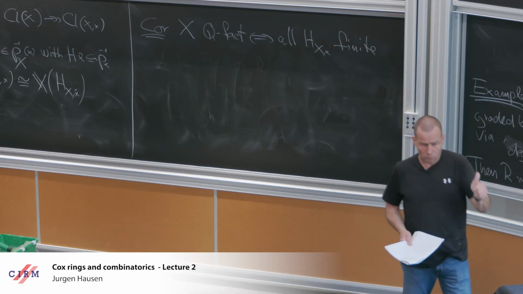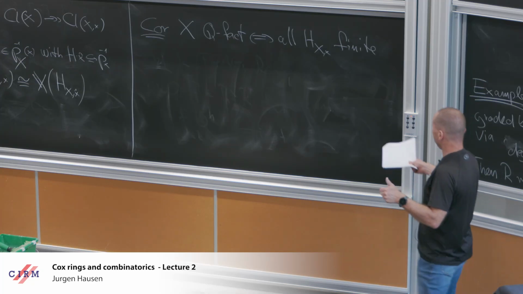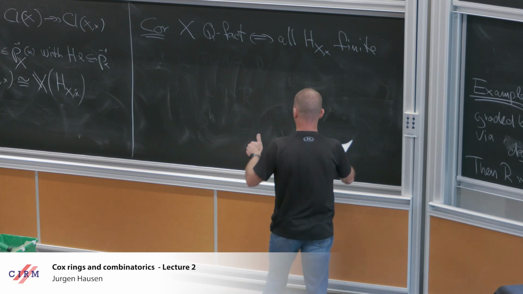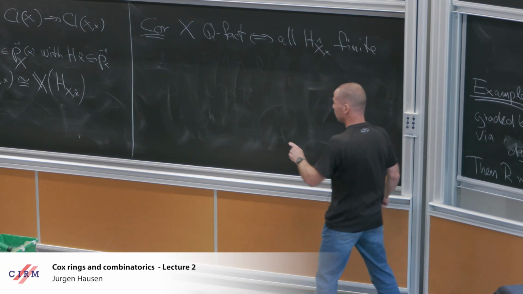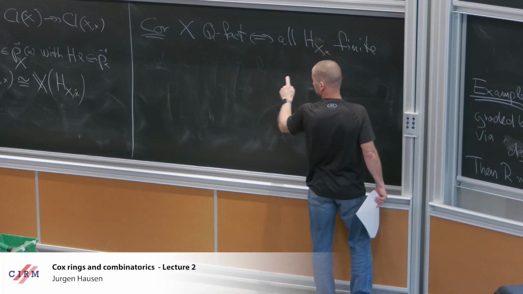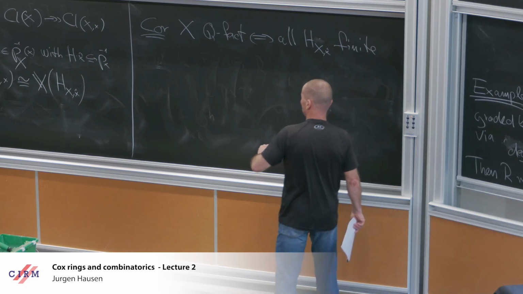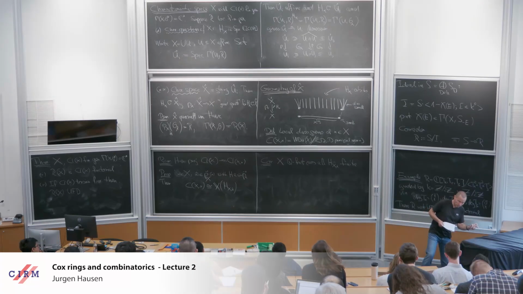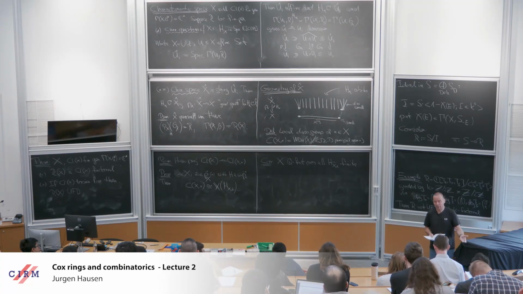All the local class groups finite means that all the character groups are finite, which means that all the quasi-tori, which are the spec, are also finite.